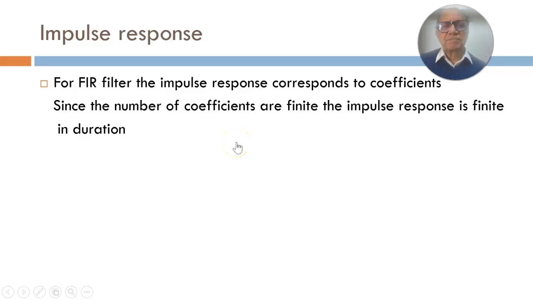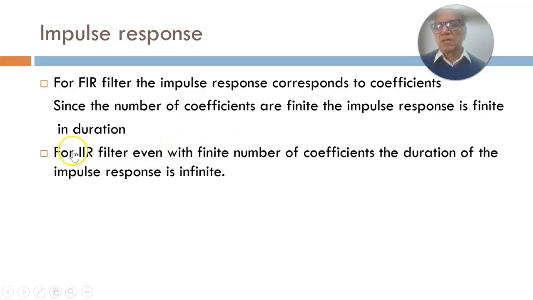Recursive filters are those where some of the past values of the output also decide the current value of the output. So they are called recursive filters. Now for an IIR filter or recursive filter, even with a finite number of coefficients, the duration of the impulse response is infinite.